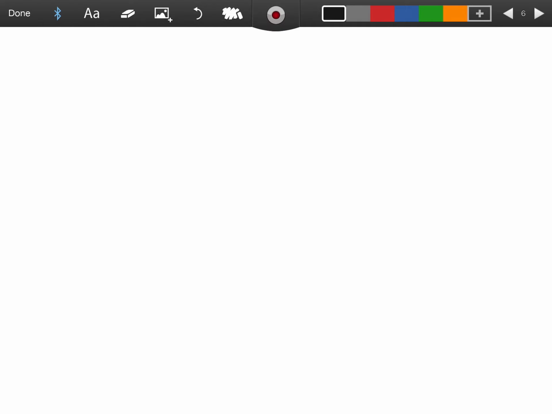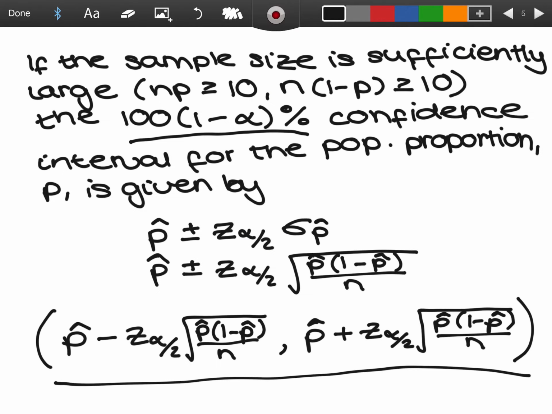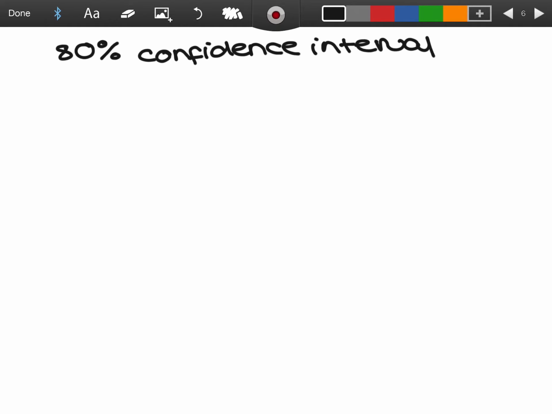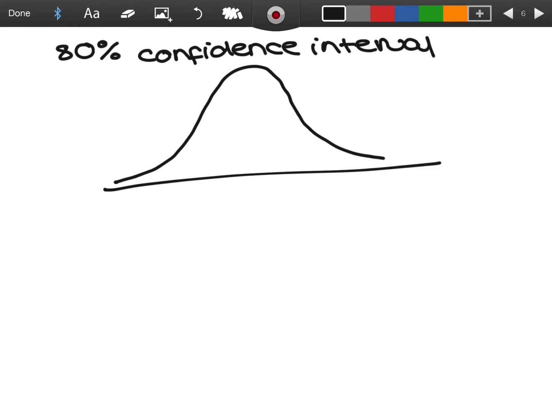So let's say you want to be 80% confident that your population proportion will lie within this interval. Quick example, if you want an 80% confidence interval and you want to find that z value, go ahead and draw it out.